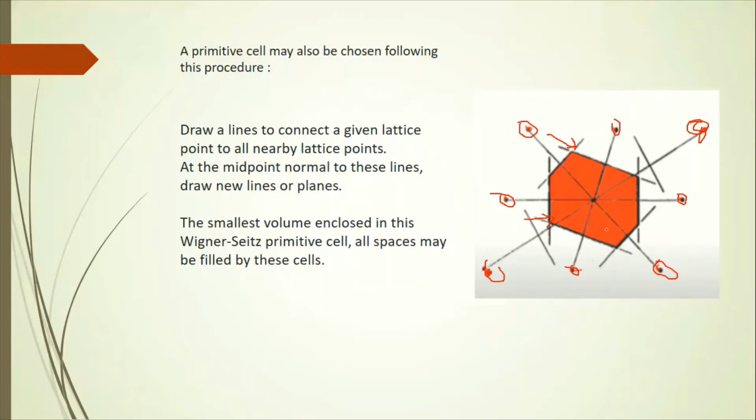These are called the Wigner-Seitz primitive cell, the smallest volume enclosed in all the space from this figure. Because sometimes it's very complicated, from the Wigner-Seitz primitive cell, sorry, from the unit cell, we can also get through it.